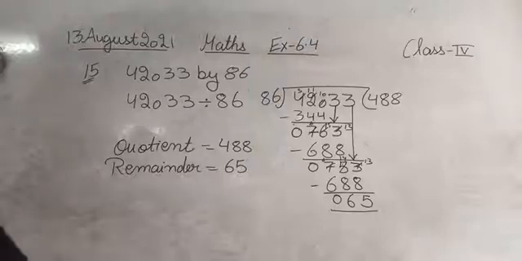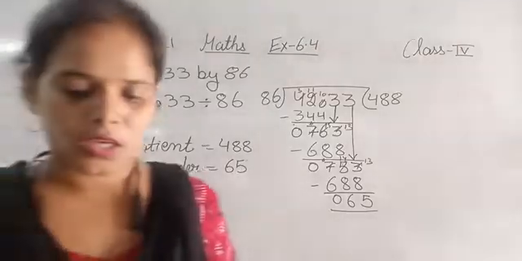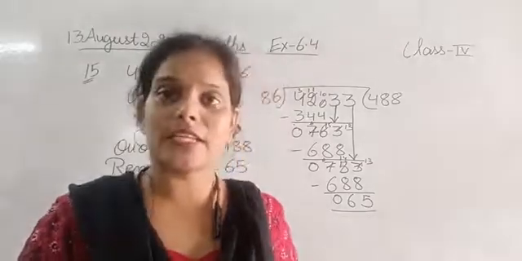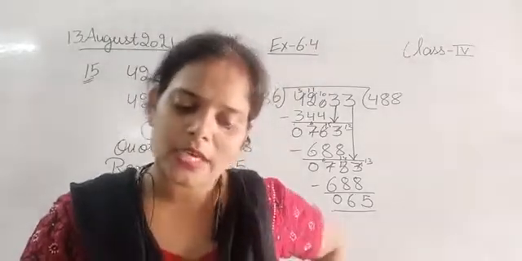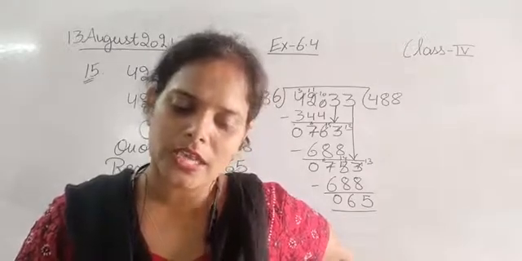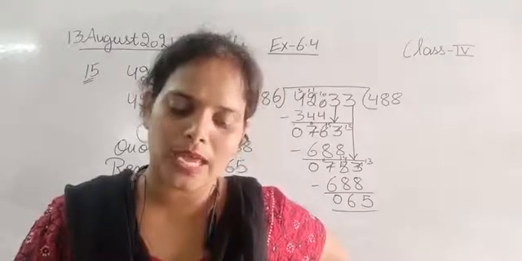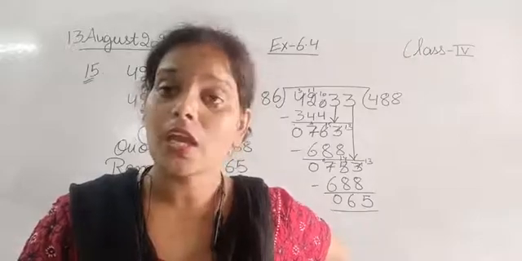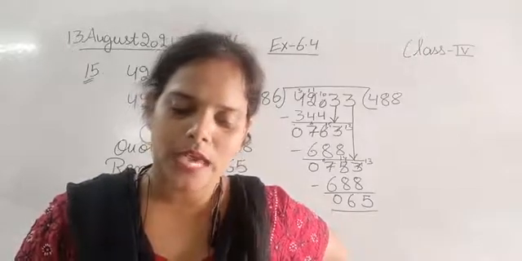The next are questions 16, 17 and 18. See what heading is given: divide and find the quotient and the remainder. Check the answer as well. So we have to divide the given numbers and then check the answer.